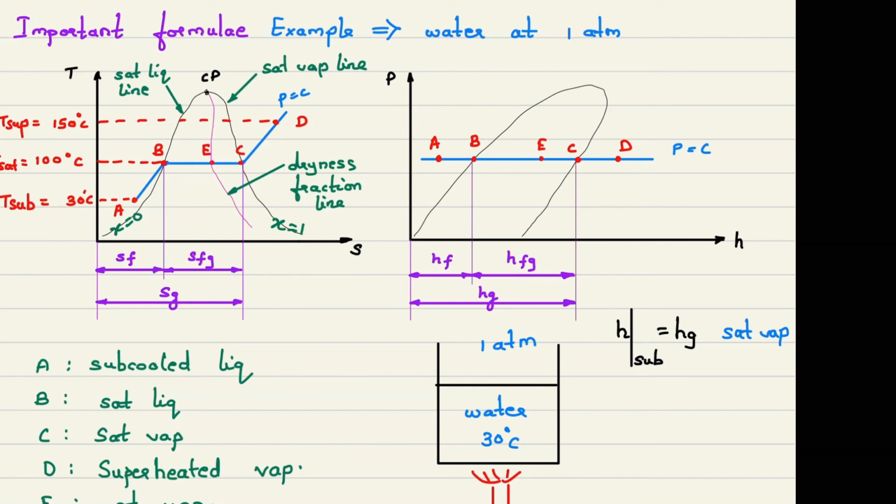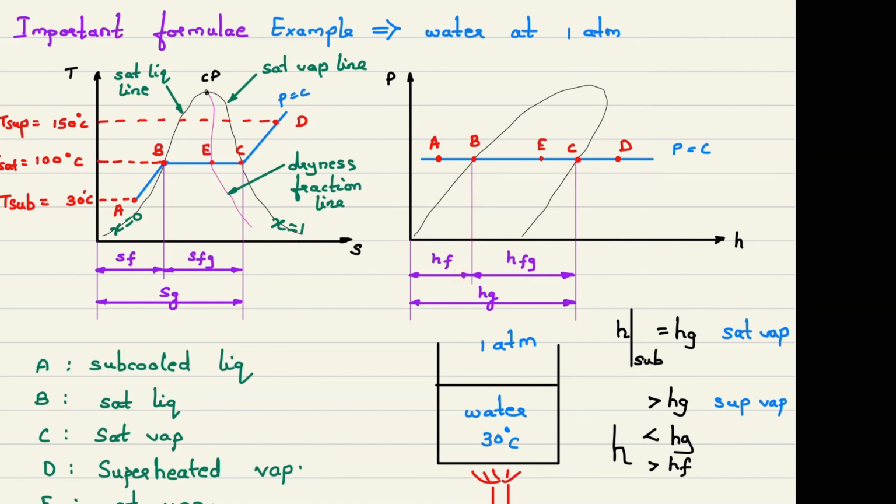Now suppose the enthalpy of the given substance is greater than Hg. In which state will the substance be? It will be superheated vapor. Next, suppose the enthalpy of the substance is greater than Hf but less than Hg.